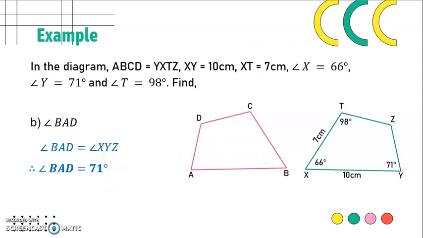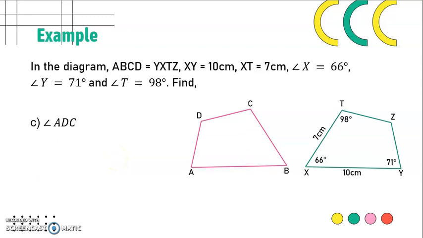Alright. And lastly is angle ADC here, which is angle Z here. However, angle Z is not given. So you have to calculate what angle Z is. So what you can do is apply that the total angle for a quadrilateral is 360, correct?